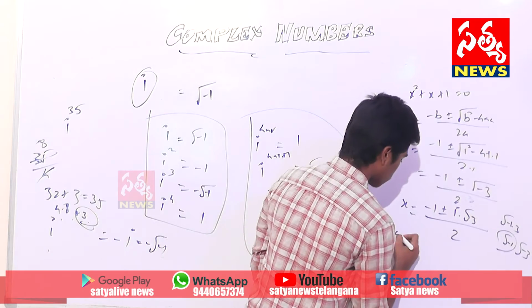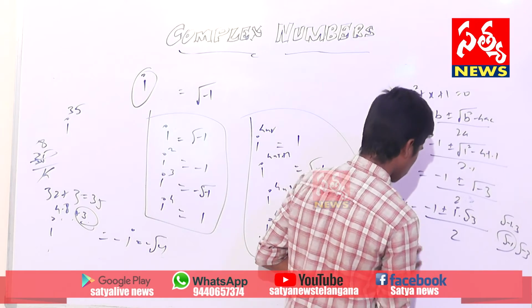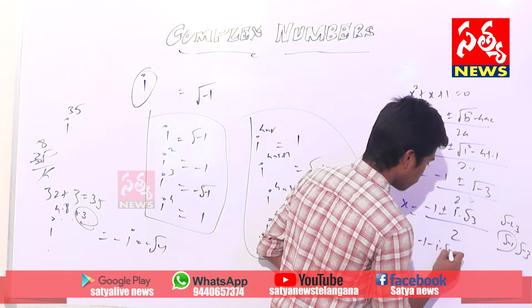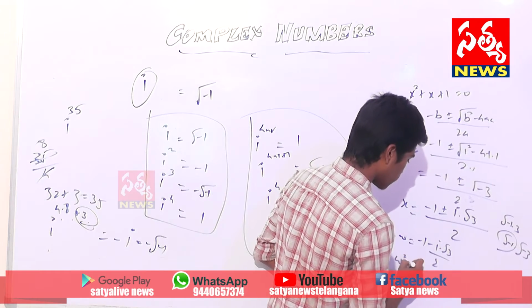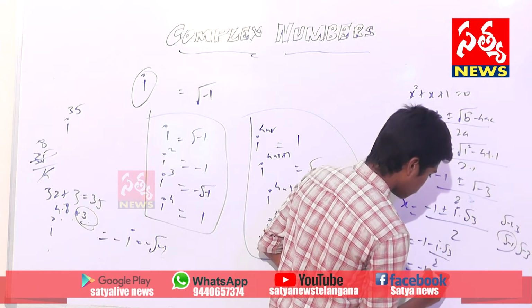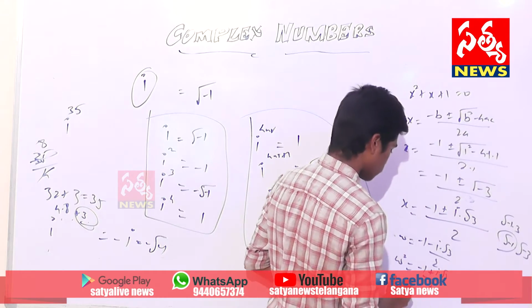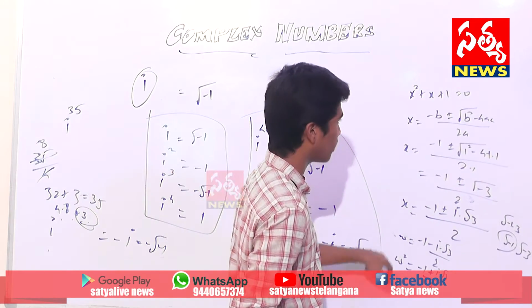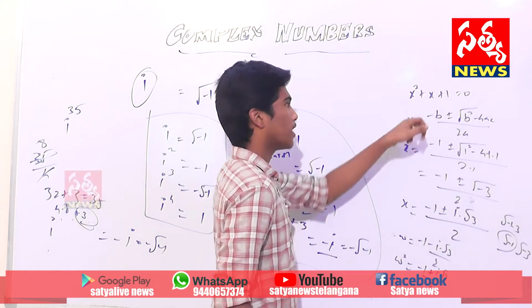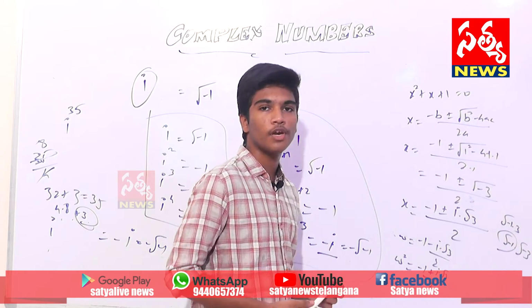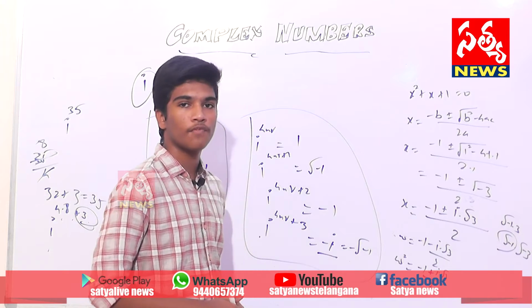So here omega equals minus 1 minus i into root 3 by 2, and omega square equals minus 1 plus i into root 3 by 2. And 1, omega, omega square are the roots of the equation. These are the third roots of unity. I will explain what the roots of unity are.